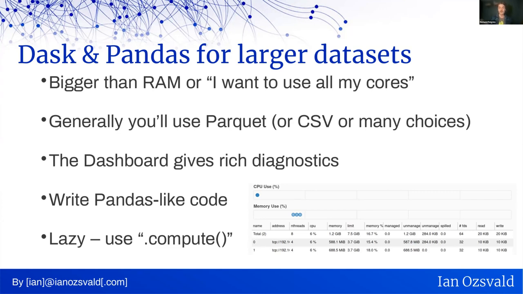But that is also the pain point, because working in distributed is really just a totally different ballgame. And because the API is similar, users often get upset when the similarity stops, right? A Pandas operation doesn't have a direct equivalent in Dask.